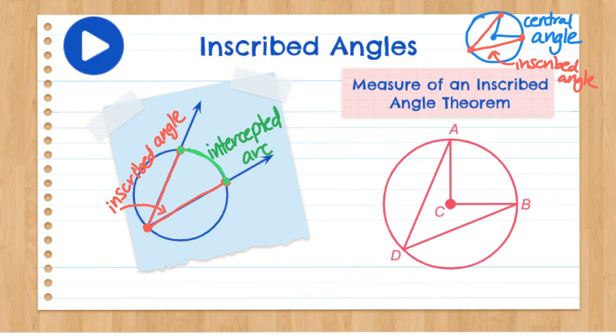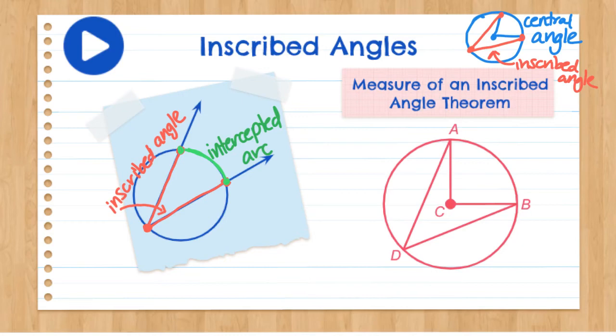And that brings us to the theorem of the measure of the inscribed angle. So if an angle is inscribed in a circle, then its measure is half of the measure of its intercepted arc.